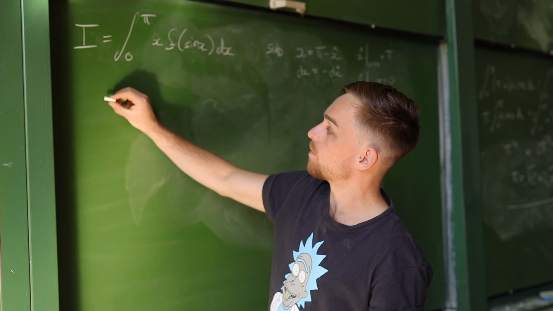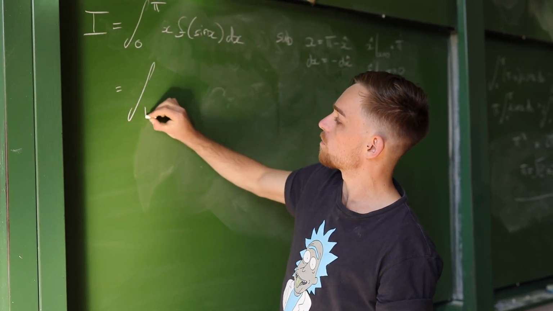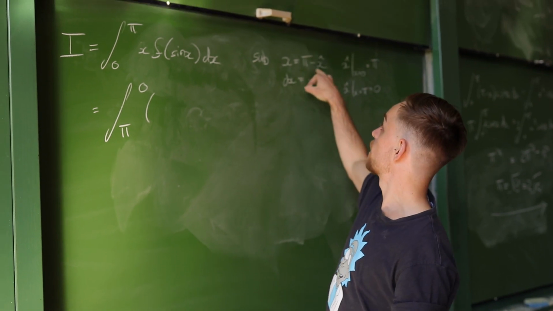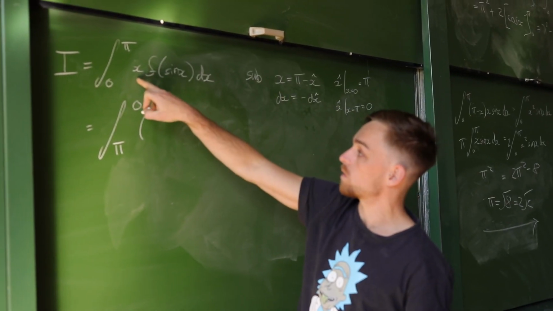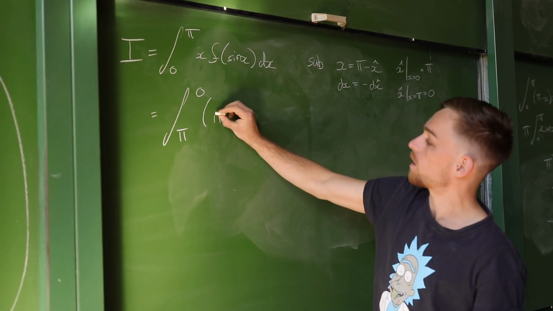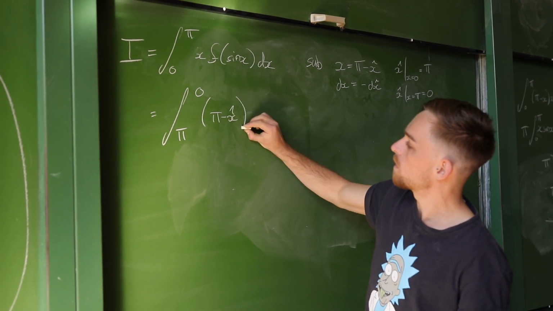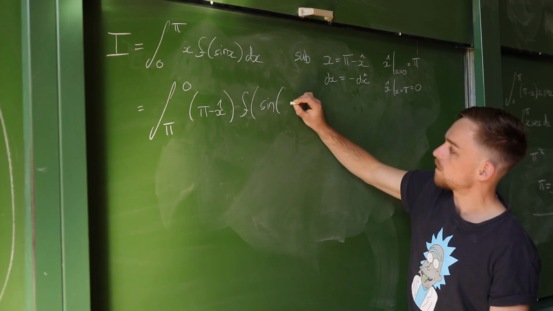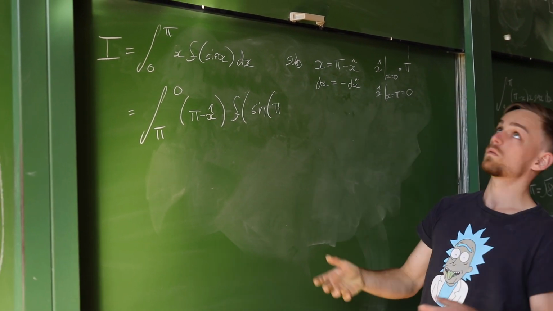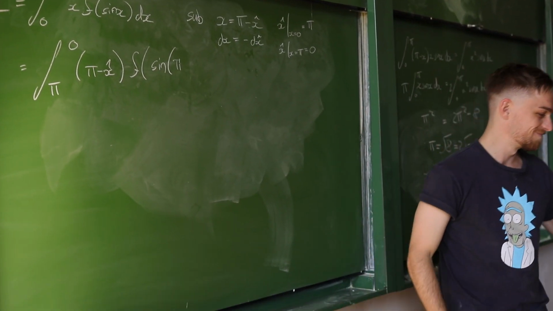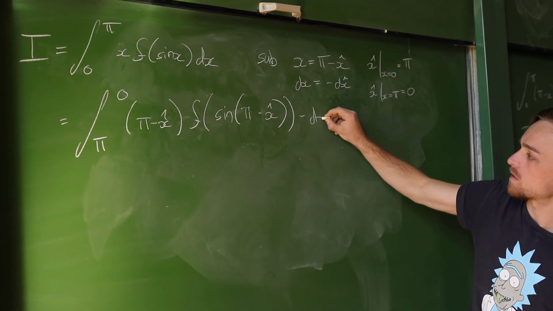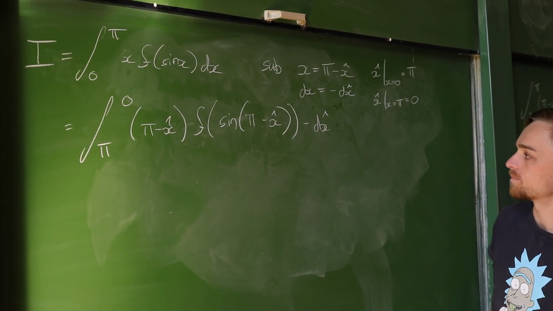So our new integral becomes the integral from pi to 0 of, now we're substituting in our substitution where our x was, and we end up with pi minus x hat over here, times a function of sine of our substituted variable, and we sub in our negative dx there as well.